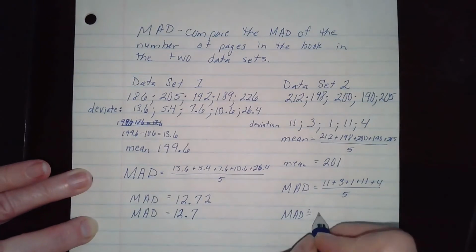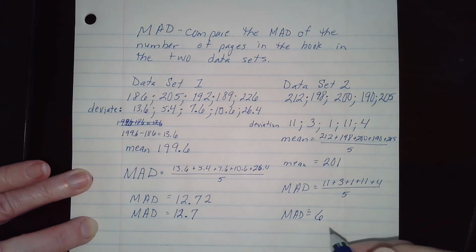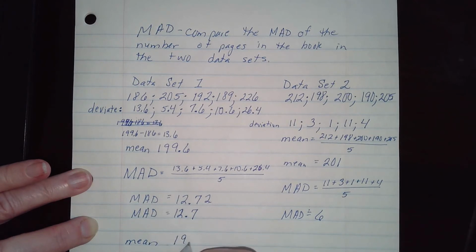So it's got a deviation of 6, and that was an exact number. If I compare them, the mean on the first is 199 and 6/10. The mean on this one is 201. The MAD for the first data set is 12 and 7/10. The MAD on this one is 6.